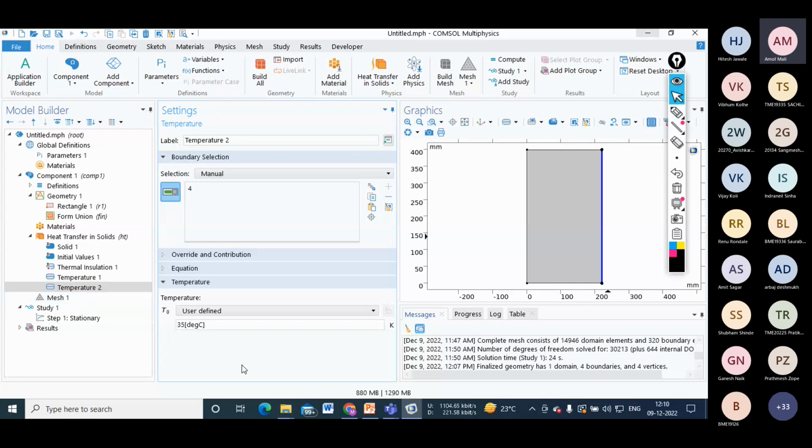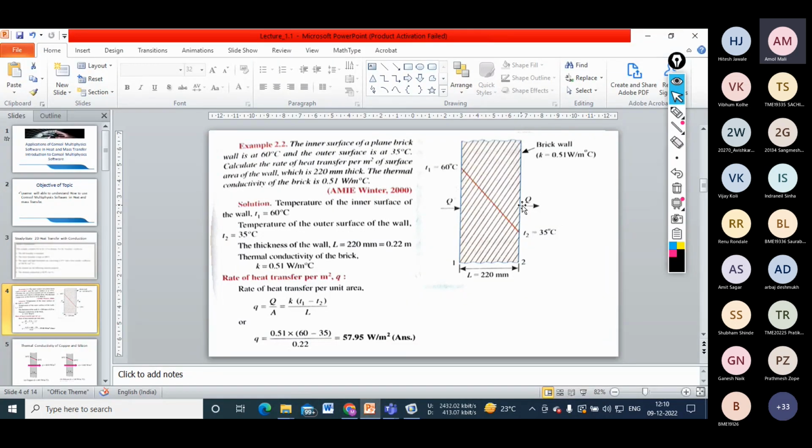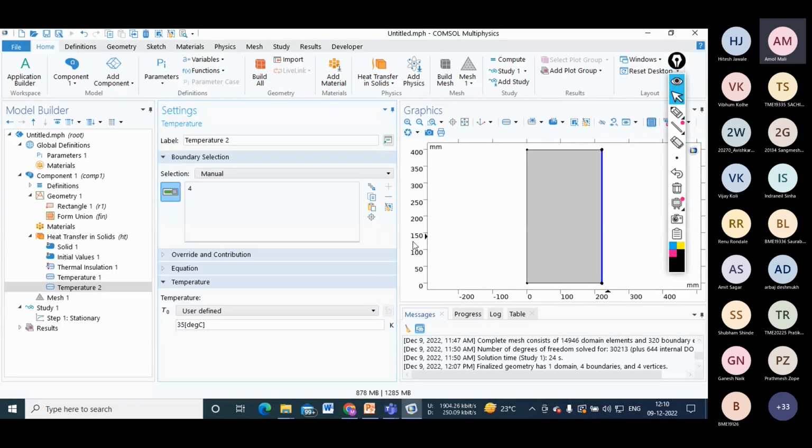Then we have provided all the boundary conditions. Other than that, whether anything is present in this problem, no. यहाँ पर ओवरऑल हीट ट्रांसफर कोएफिशिएंट ऐसा कुछ दिया ही नहीं है. ठीक है, so totally this is related with the conduction problem, कंडक्शन का प्रॉब्लम.